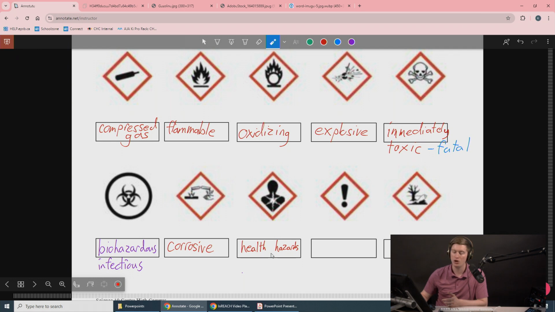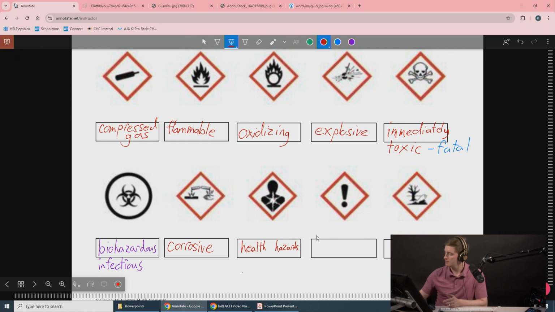But over a long period of time and several exposures, these things can be carcinogenic or they can cause other long-term health effects. If you see this symbol, you're often thinking this is more long-term repeated exposure. The skull and crossbones symbol is more of a one-time thing.